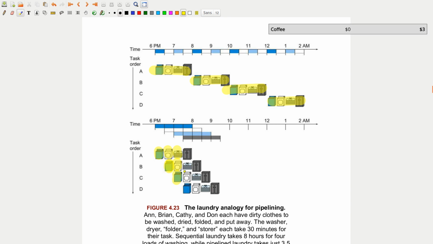And so here we see this maximal critical length right here, where we hit the maximum level of overlap that we can, which is we're using all four things at the same time. So at say like 8 p.m., we're putting things away, we're folding laundry, we have something in the dryer, we have something in the washer. So that's this maximum level of efficiency that we can achieve when we do pipelining.